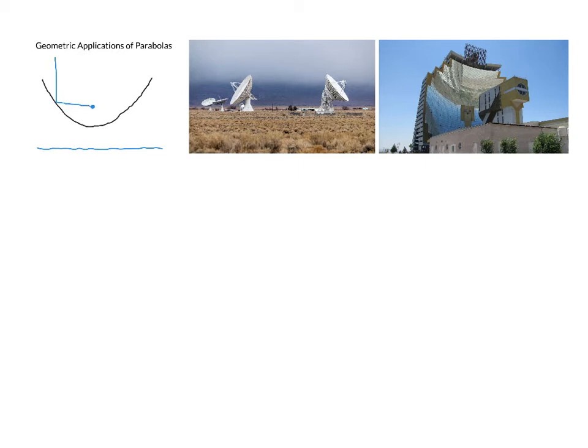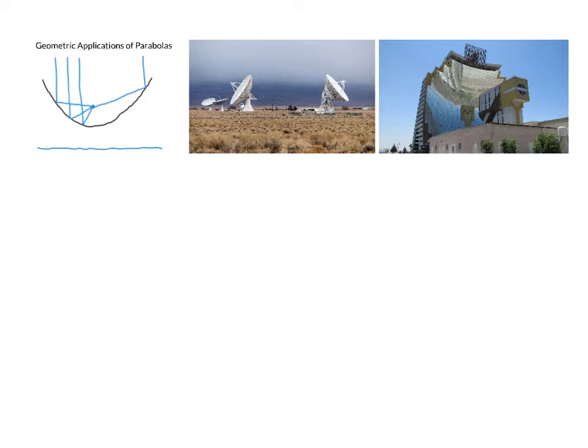And it doesn't matter where that light wave or sound wave is coming from, so long as it's perpendicular to the directrix, it will get reflected off and into the focus. So I'm going to draw a few more just so we can see how this works. And of course it works from the other side as well.